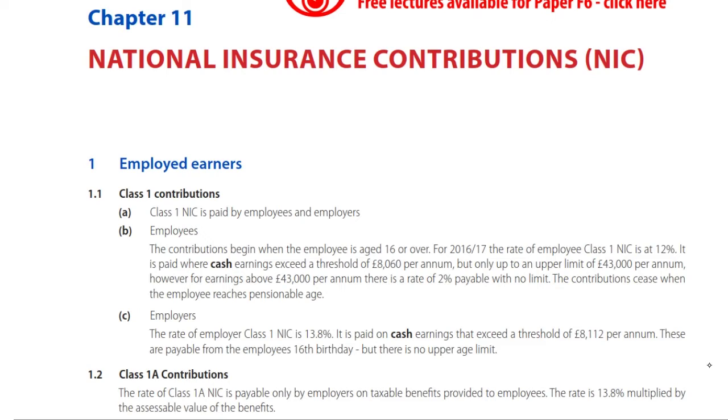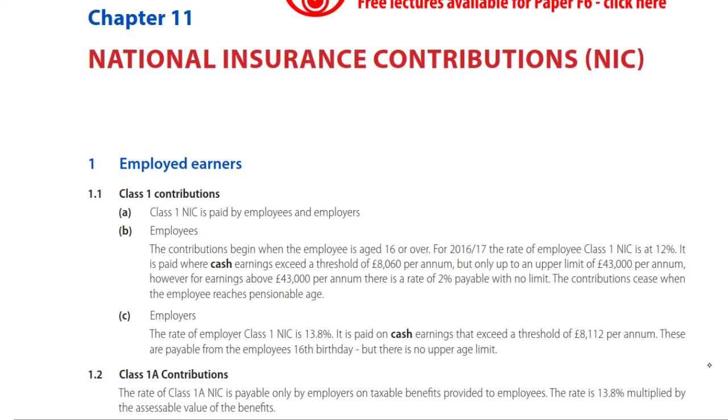It would be worthwhile, as ever, when we go through these chapters, for you to have open the relevant pages of the rates and allowances, here quite an extensive one dealing with national insurance contributions. You will look at Class 1. You will see Class 1 employee contributions, sometimes referred to as Class 1 primary contributions. These are the ones paid by employees.